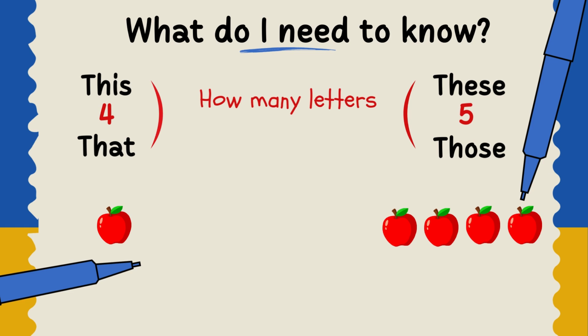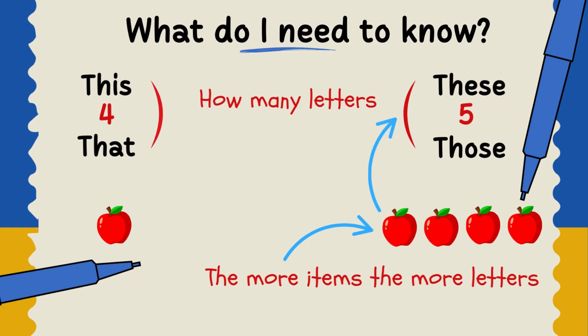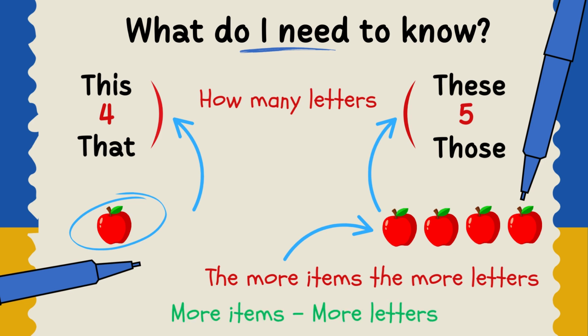Okay, so the more items, the more letters. If I have one item, then I know I have to use either one of the 2 shorter words. And if I have more than one item, I need to use one of the 2 longer words. Make sense? Remember, more items, more letters.